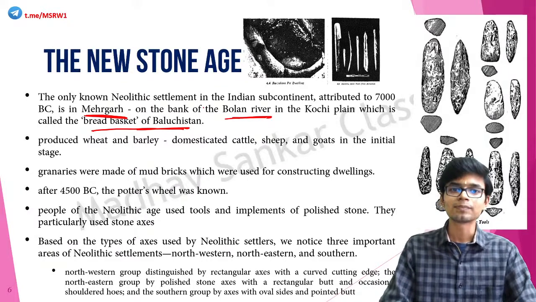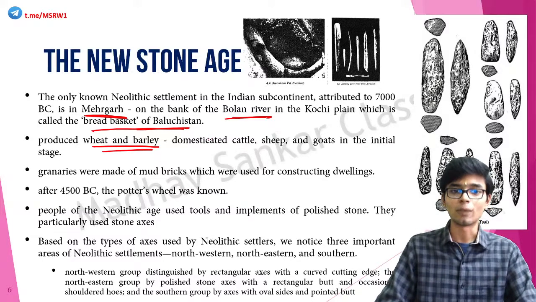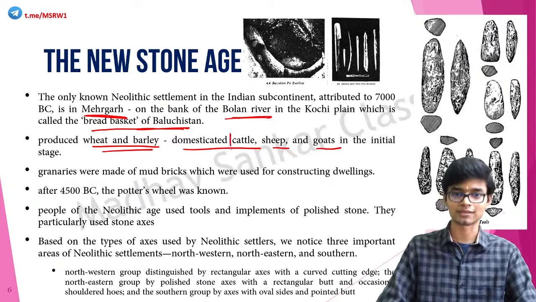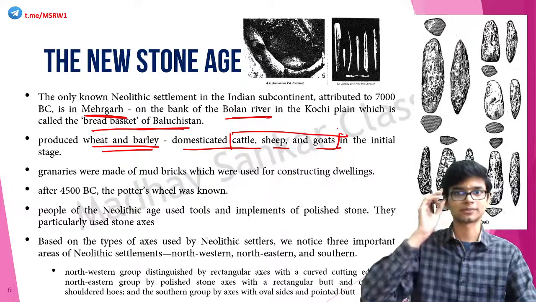Here in the Neolithic age, we have evidences of wheat and barley production, and domesticated cattle, sheep, and goat in the initial stage. These were the three animals that we find domesticated in the initial stage. Wheat and barley were the prominent crops.